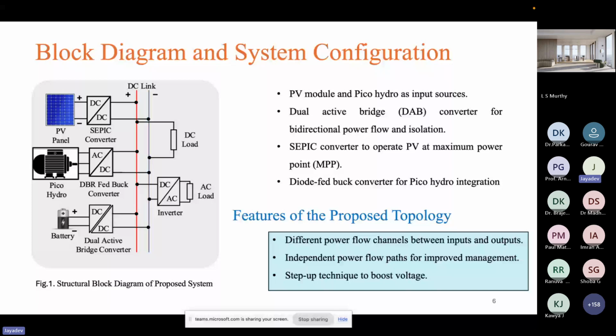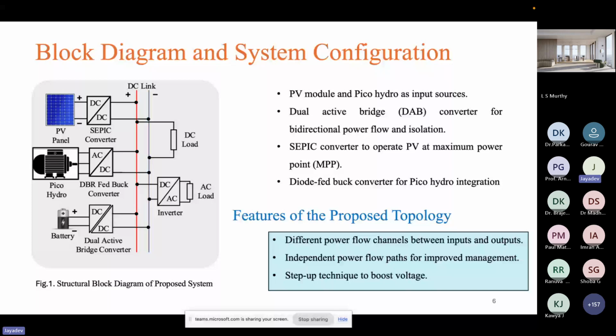Let's see, if one converter is connected to two sources, meaning one switch is responsible for extracting power from input to output for both sources, then at a particular time only one source is able to deliver power, and the stress on the switch also increases.